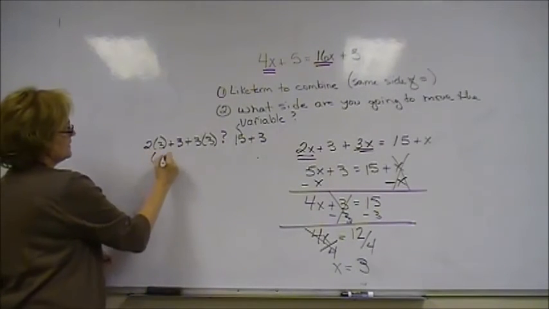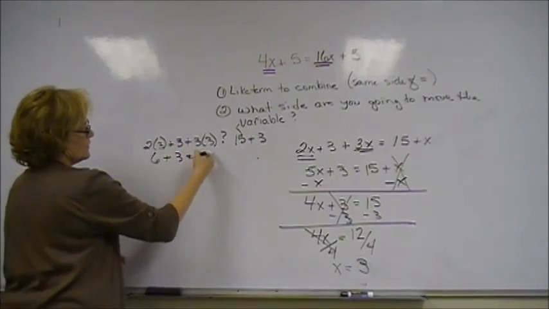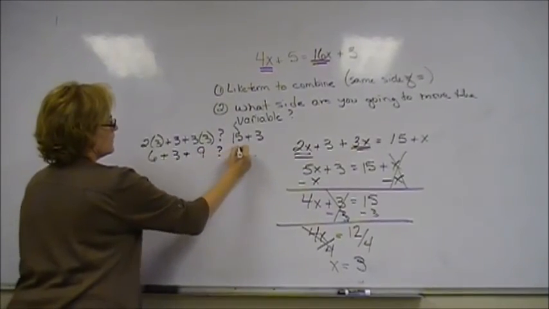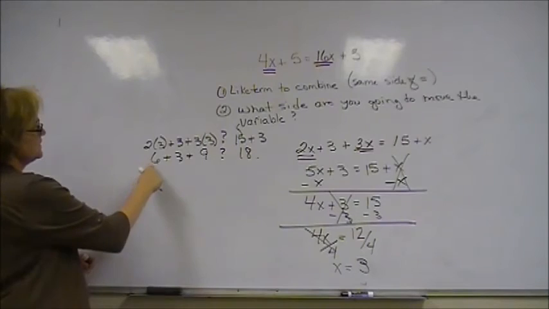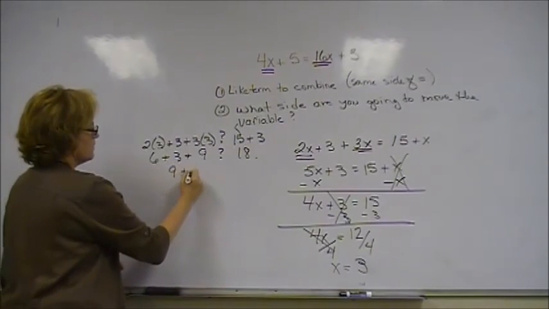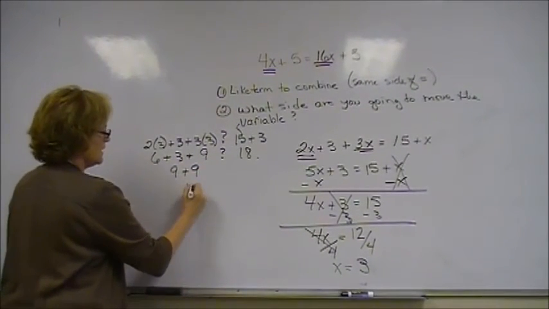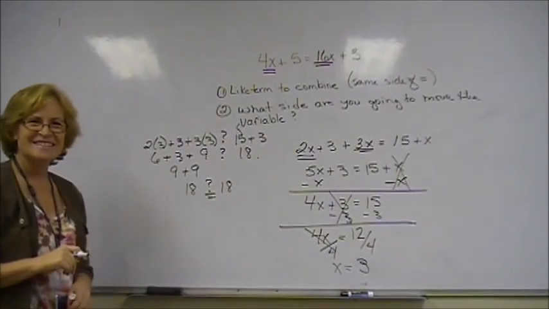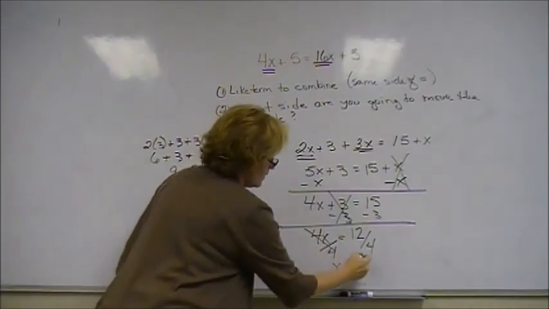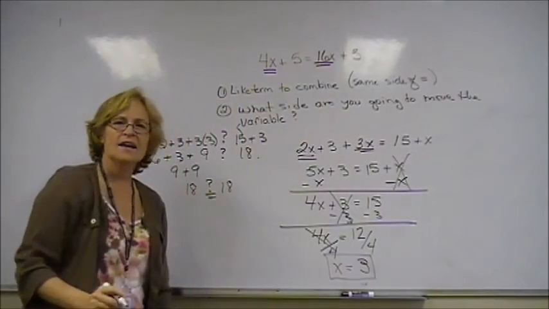So that would give me 6. 3 times 3 gives me 9. And that side over there is 18. Well, 6 plus 3 is 9. And 9 plus 9 is 18. So does 18 equal 18? Yes, it does. Therefore, my solution is x is equal to 3.